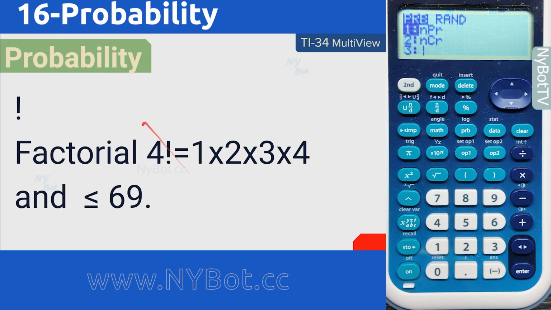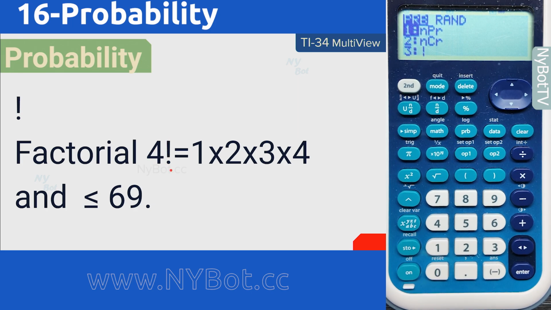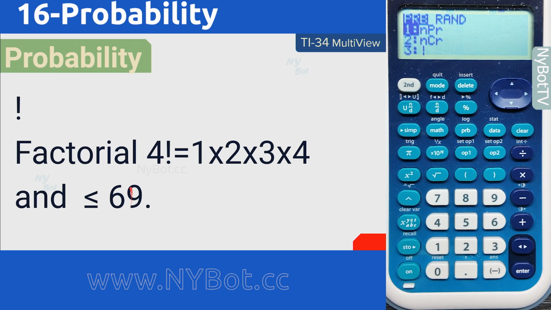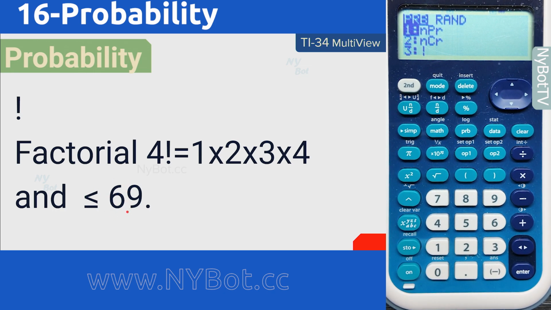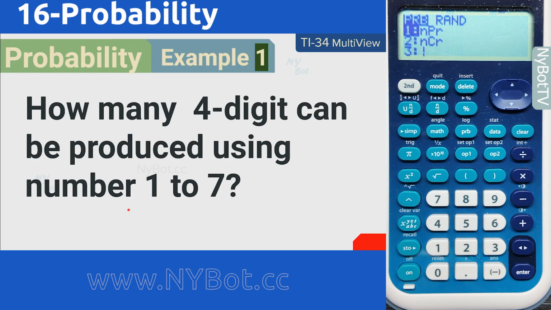Factorial is, when you write 4 factorial, it's equal to 1 times 2 times 3 times 4. But it cannot exceed 69, so it should be equal or less than 69.